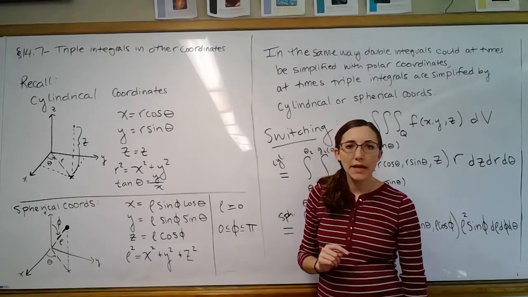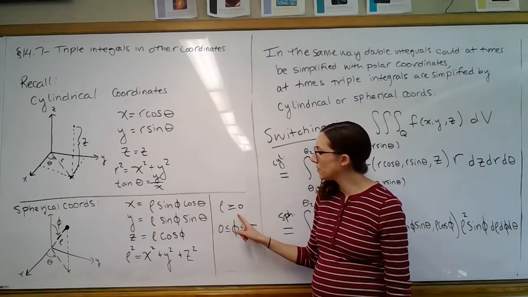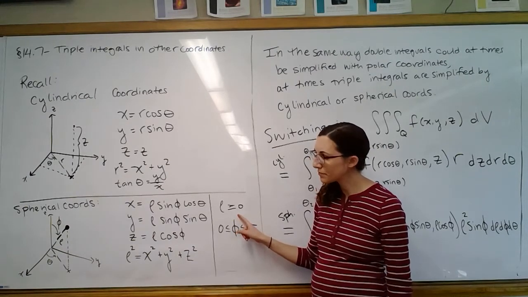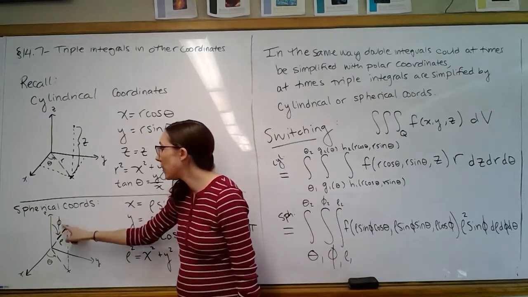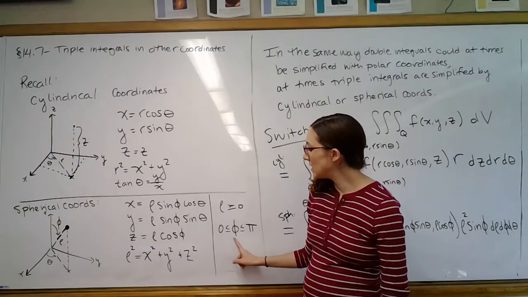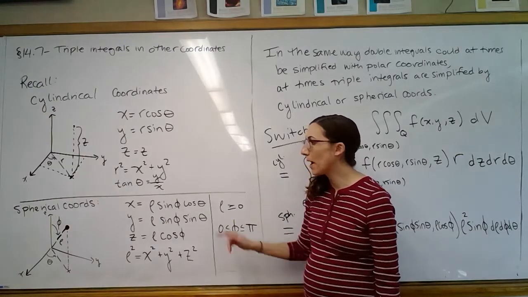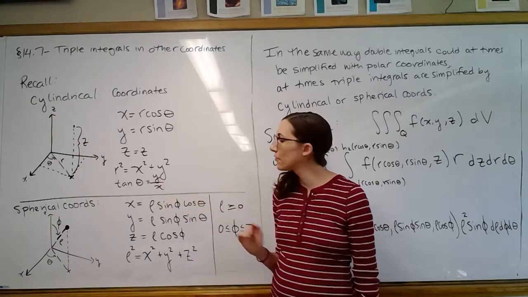We did allow for negative r values in polar, but not in spherical. We're going to restrict it to be positive or 0. And then phi is the angle between the positive z-axis and that line segment, and phi is restricted to be between 0 and pi, so we'll never consider a half turn for phi.